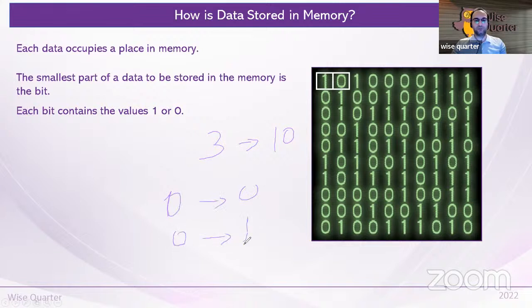For 1, if I remember right, it is 1. For 2, I'm sorry, it is 10. For 3, it is 11. And it goes on that way. For 4, it becomes 100. Yes, that's the logic. You can ask Google if you wonder how it works. But to store more complex data, we have to use more bits, more places. That's the logic behind it.